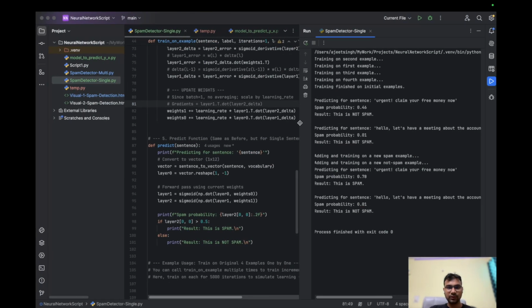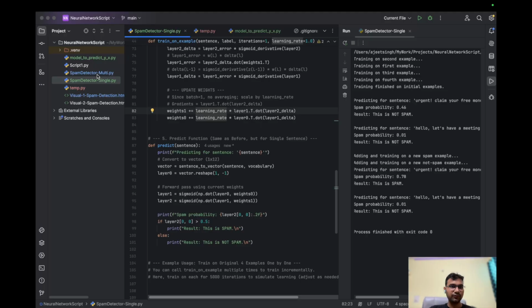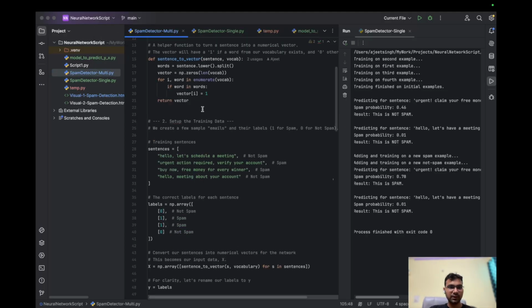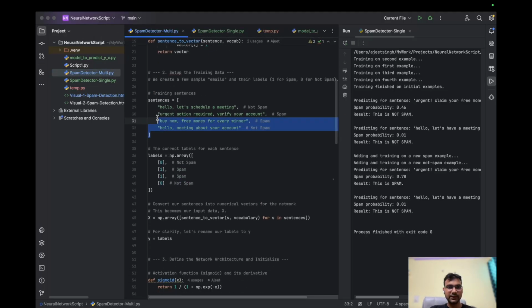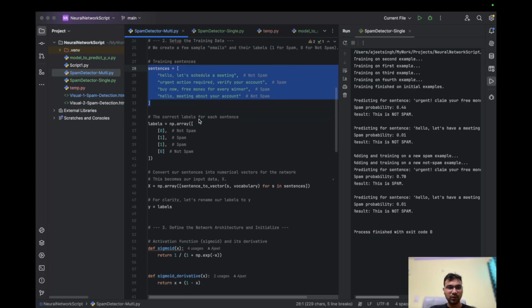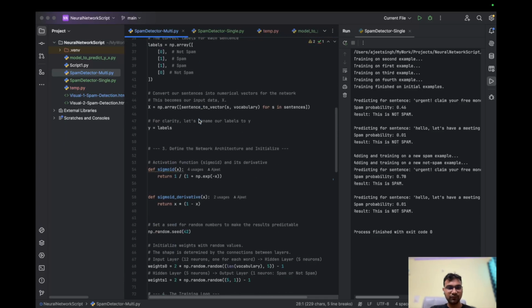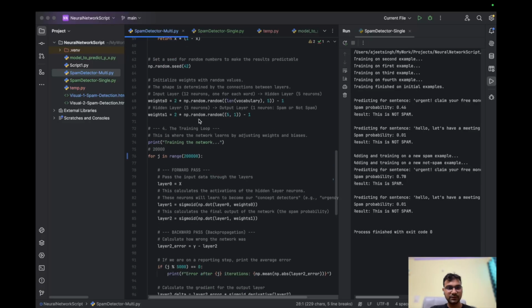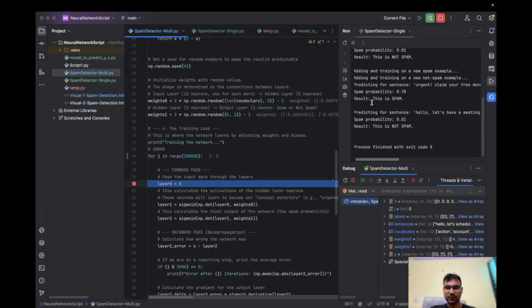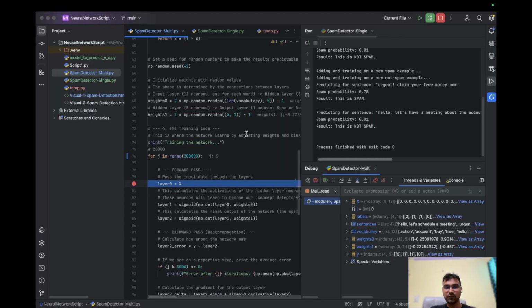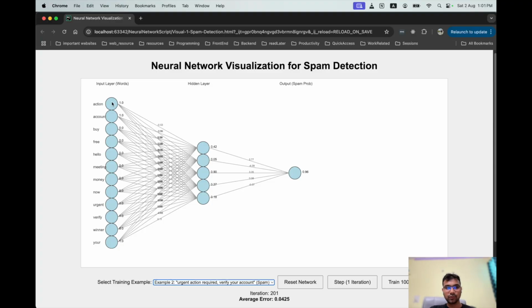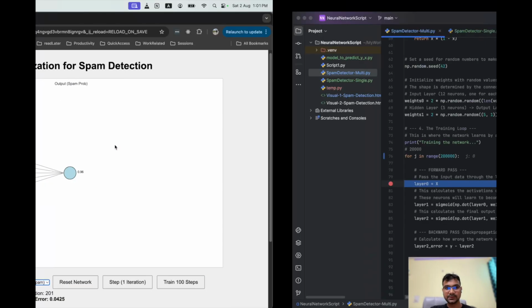Hopefully you have the understanding. Now let's quickly see the multiple example version. Here we take a sentence array, and all these examples are fed into the network at once. If I put a breakpoint over here and debug it, layer 0, which earlier was a single row with a 12-element vector, will now be 4 by 12, because four examples are there.